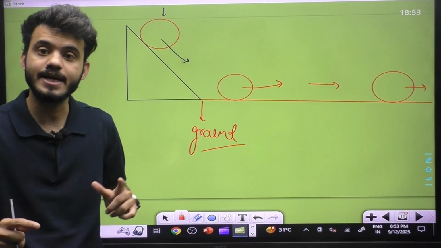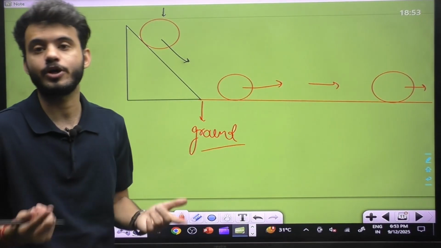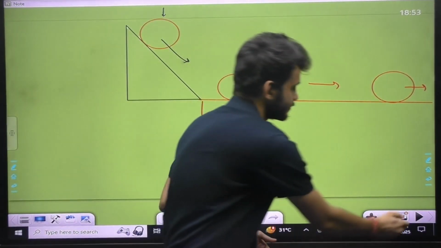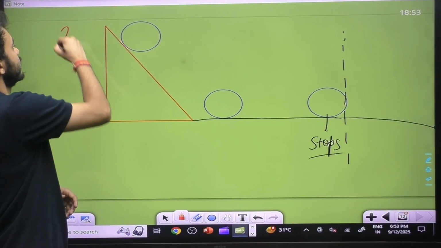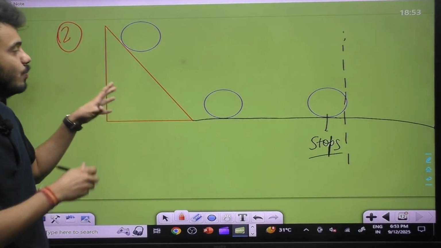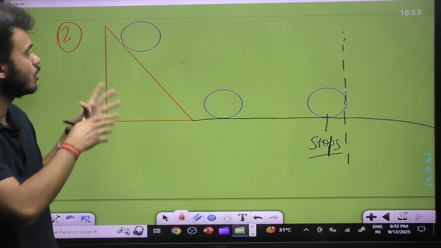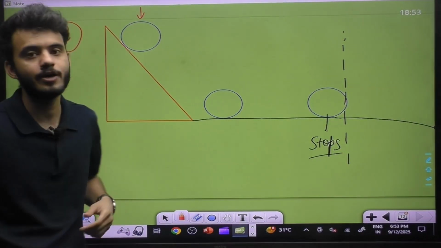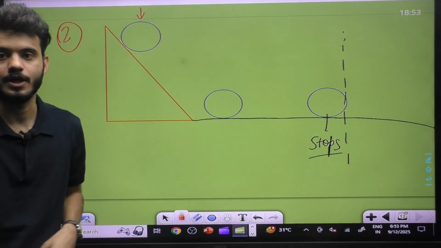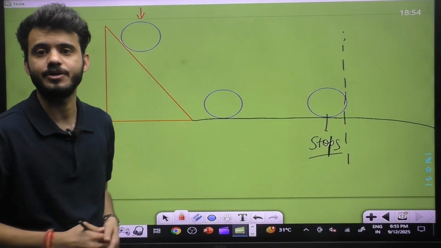Let's try to imagine one more case, one more scenario. Okay, now in this scenario number 2, we have a wedge, the same inclined plane or a wedge with you, and a ball is getting dropped from the air on the wedge again. But in this scenario something is different.